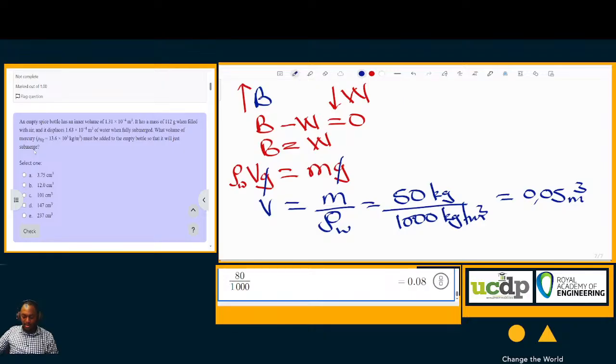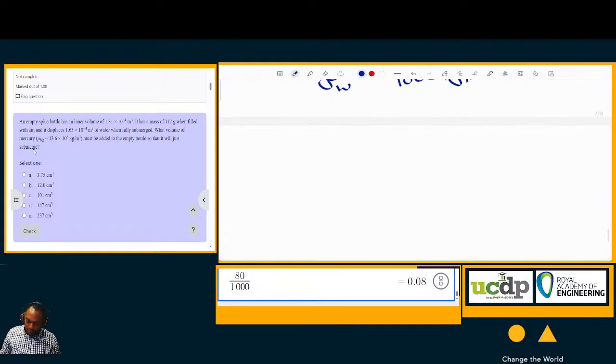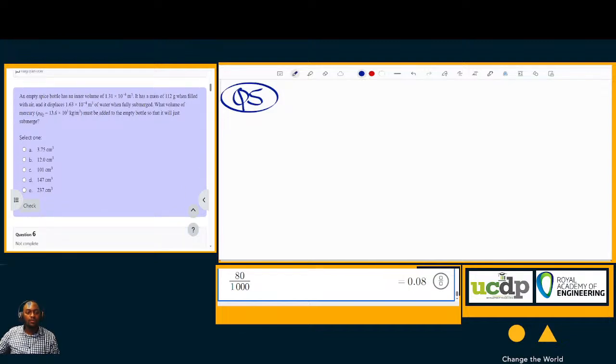Now let's look at question 5. Question 5 reads: an empty spice bottle has an inner volume of 1.63 times 10 to the negative 4 cubic meters.